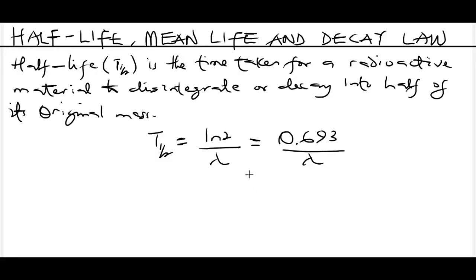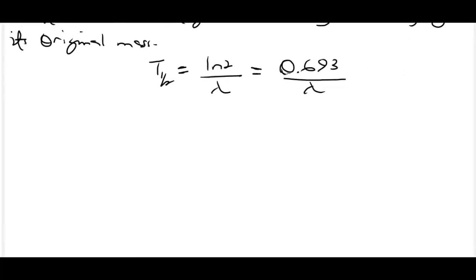For a UTME student, you will not have the liberty to press ln or log on the calculator given to you. So it's best you just know that it is 0.693 over lambda. Now, how did we come about this relationship?